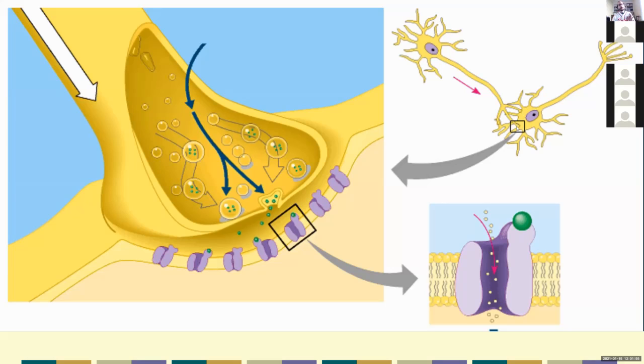So these neurotransmitters are incredibly powerful. Most of the drugs of abuse, most drugs, medicines, psychoactive chemicals that affect how we perceive reality, how we perceive sensation, how we feel, how we react, they all interact at the level of the neurotransmitter.